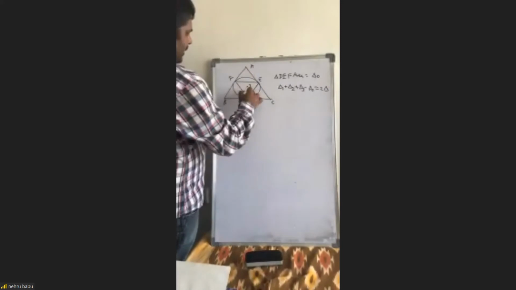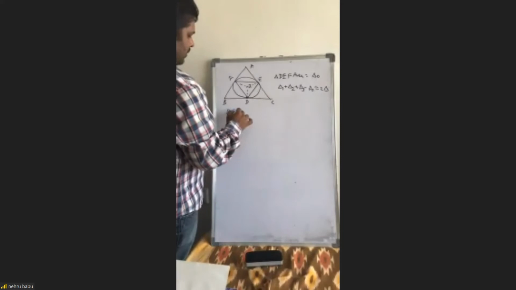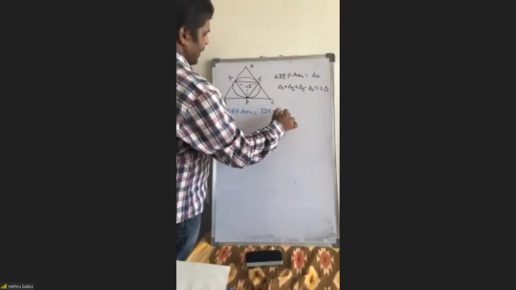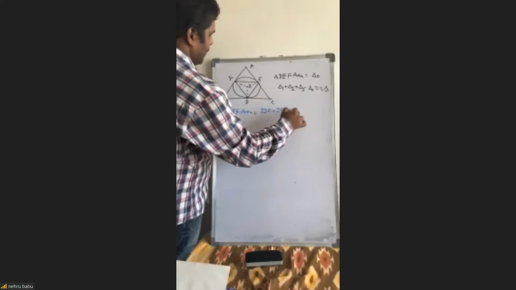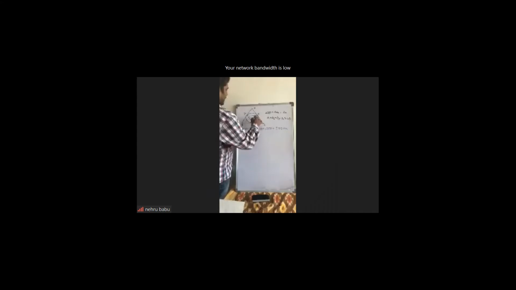What I will do is take this DEF area equal to IDE plus IEF plus IFD, which is exactly the same idea. This is R, and already it is a tangent, so it's 90, 90.